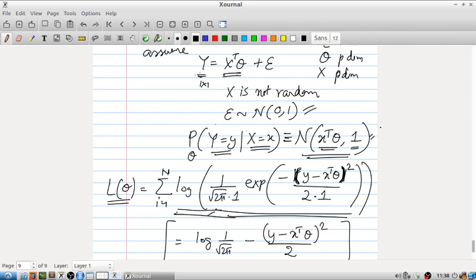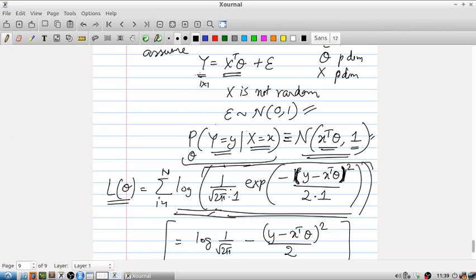Okay, so I'm going to substitute this in that L of theta you saw earlier. So L of theta was defined for some p theta of z. Here the z is going to be y equal to y given x equal to x. Okay. So that p theta expression is this whole thing. It's just p theta of y equal to y given x equal to x, normally distributed with this mean and variance 1.